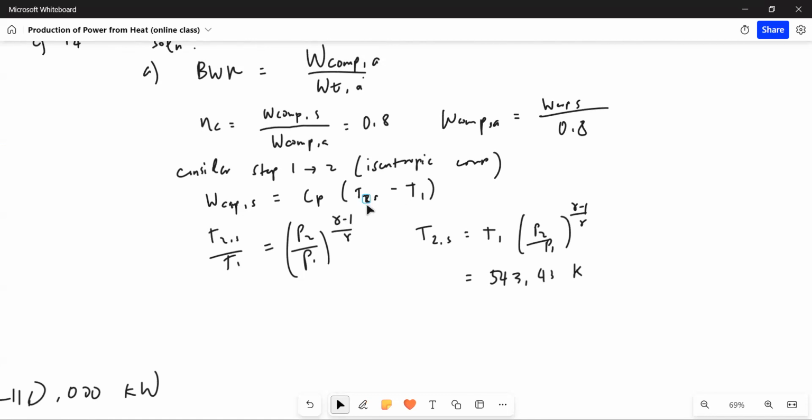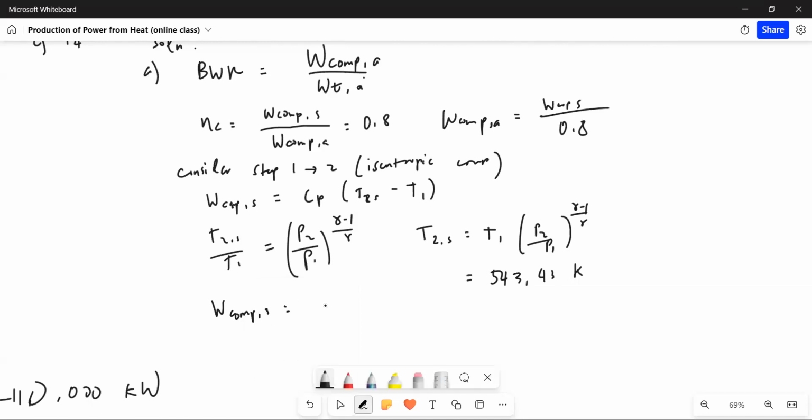Now that we have T2S and we know T1 and Cp, we can solve for the isentropic work of the compressor. The work of the compressor, isentropic, is simply 7 halves R, that's Cp, so 8.314 joules per mole Kelvin, times delta T, which is T2S, 544.1, minus T1, which is given as 300 Kelvin.